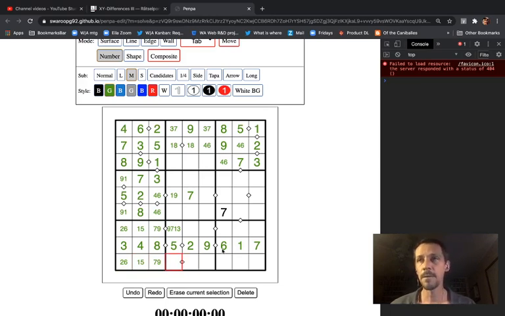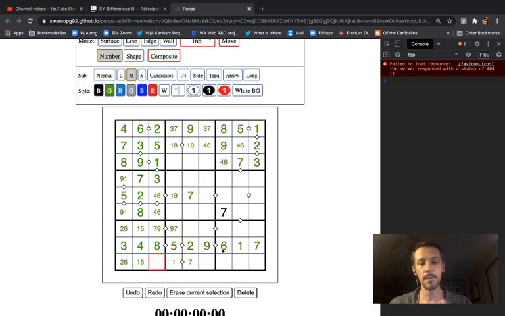What did we have? 9 and 3 have a difference of 6. 8 and 2 have a difference of 6. And 1 and 7 have a difference of 6. Okay. 9 and 3 isn't possible because the 9 is already here. 8 and 2 is not possible because there's already a 2 in the box. So all that leaves is 1 and 7.